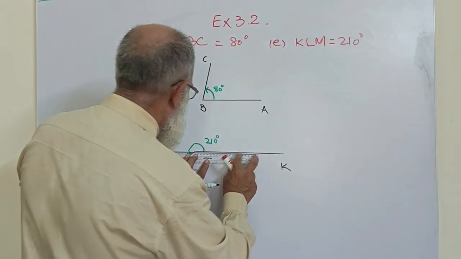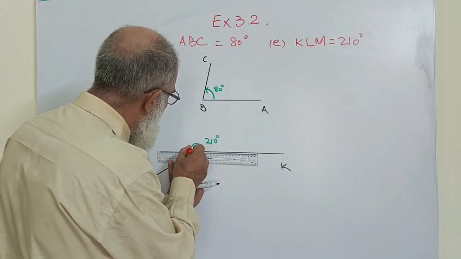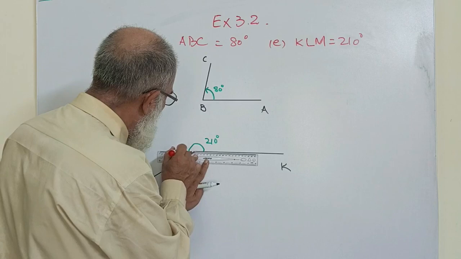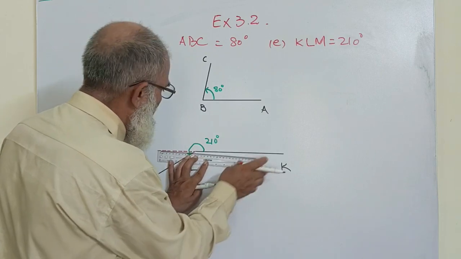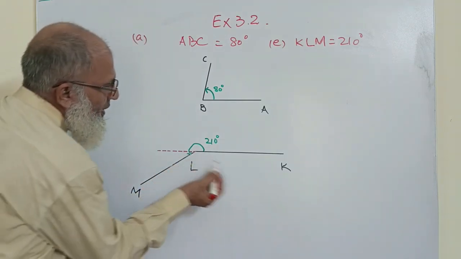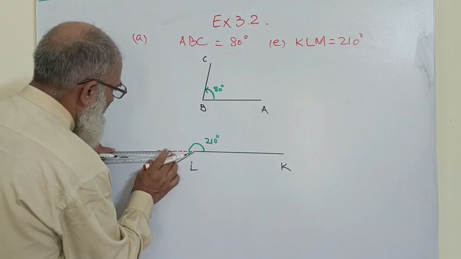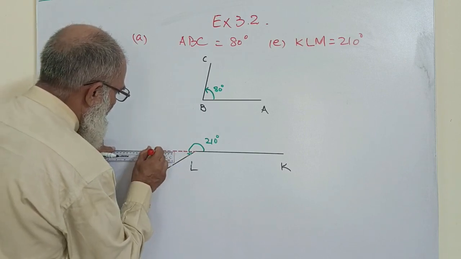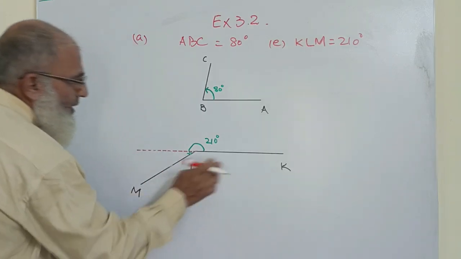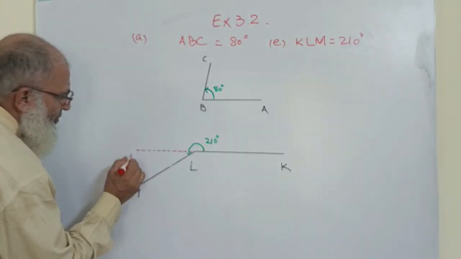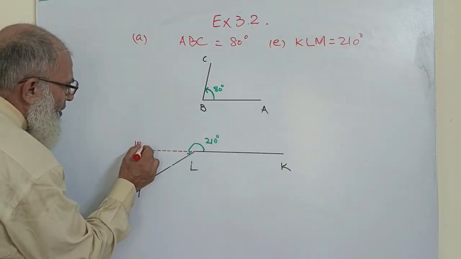We'll just extend this line. Now you see that this is KLN.